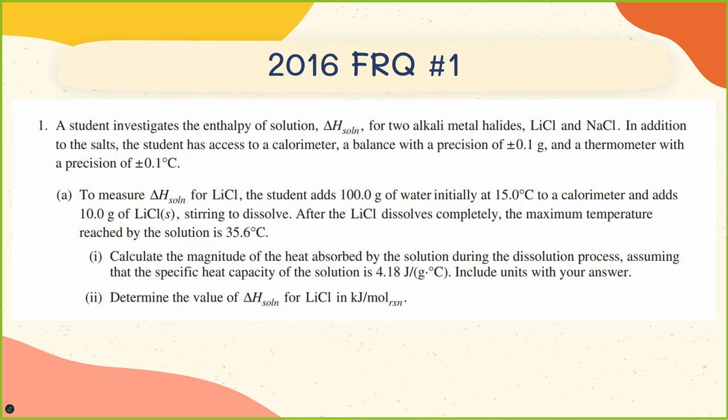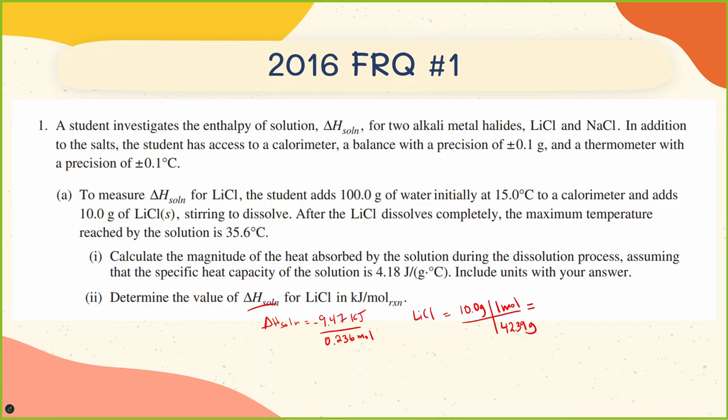For this one, we had delta H solution, negative 9.47 kilojoules over 0.236 moles of the lithium chloride, because you take the 10 grams and 42.39 grams equals 1 mole.